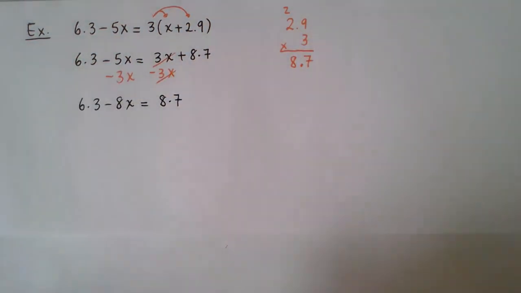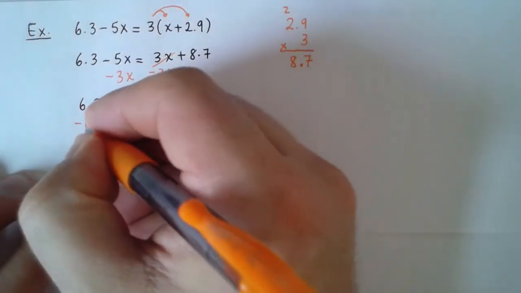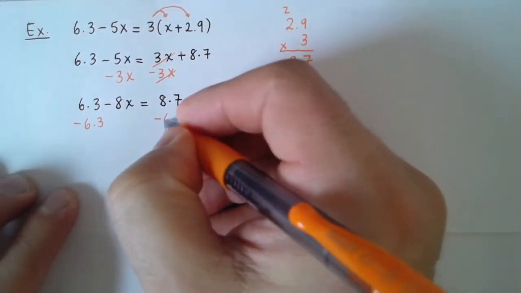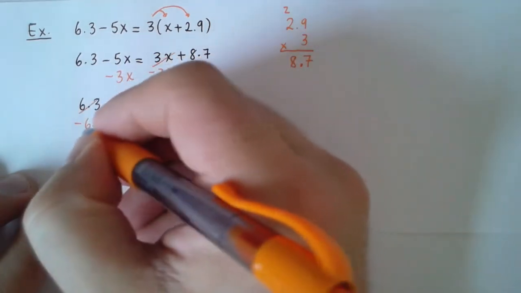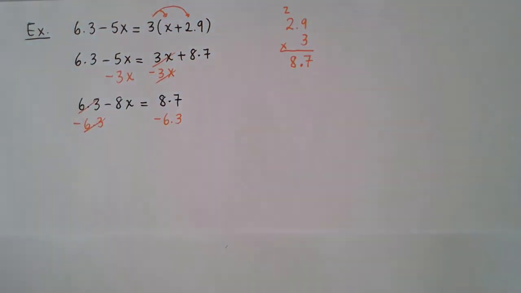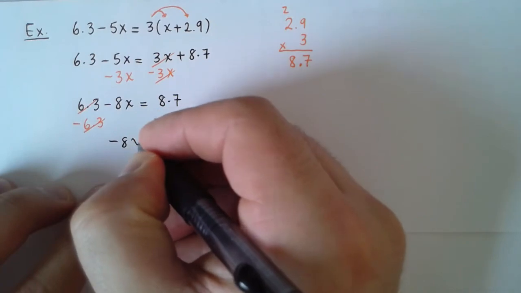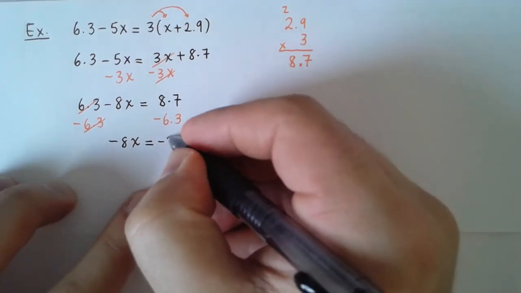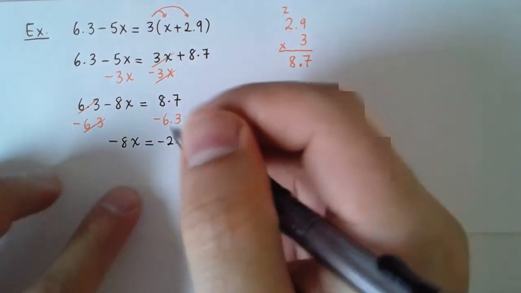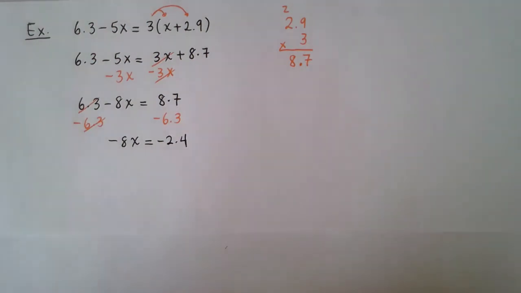And then I need to get rid of that 6.3. So subtract 6.3 from both sides. These two will cancel. So I got negative 8x equals negative 2.4. Oh, not negative. It's positive 2.4.